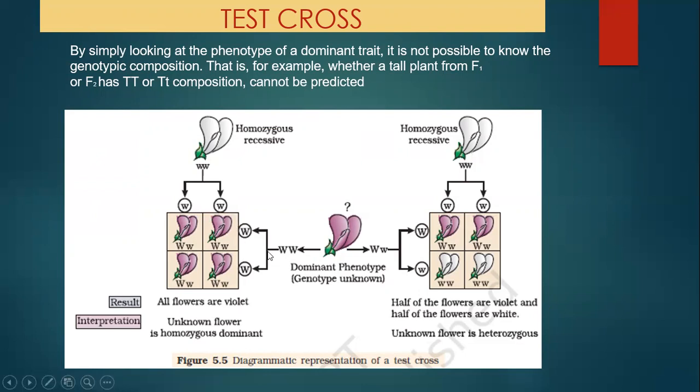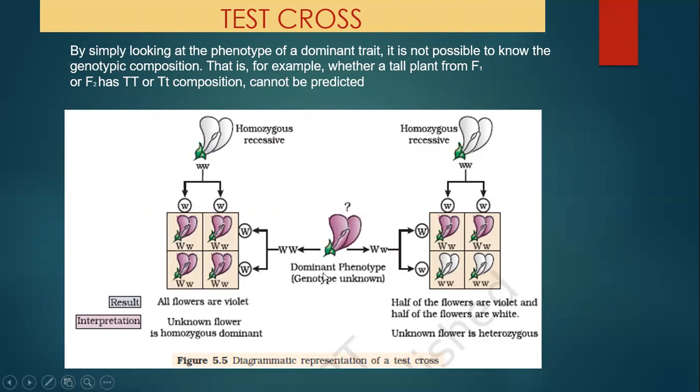If you do a cross with a homozygous dominant, you can see a Punnett square, and if you derive the genotypes of the offspring, you will see that all the offsprings will be violet.